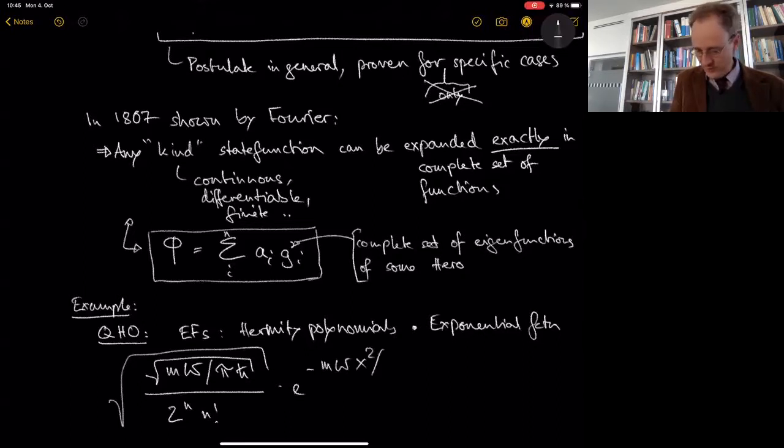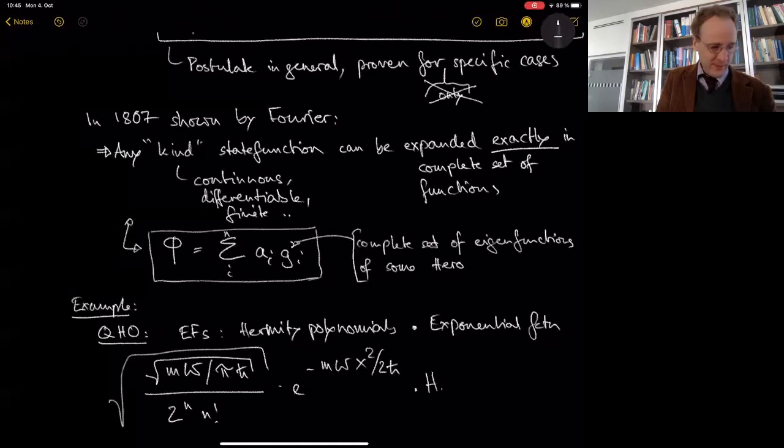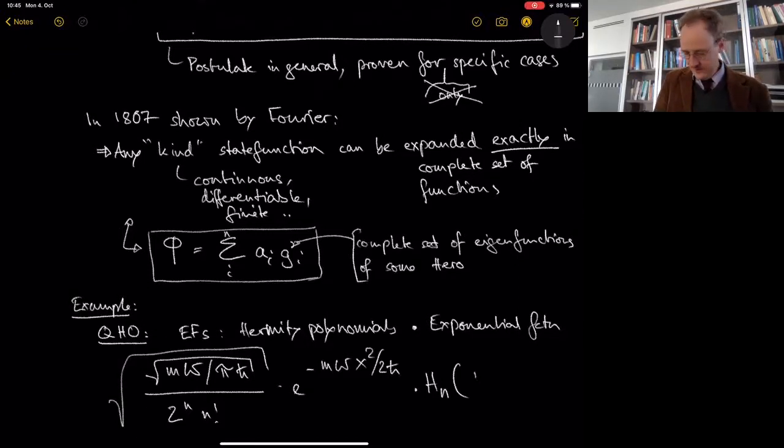That's your Gaussian exponential, which takes the form of a Gaussian, times this Hermite polynomial, which depends on n, right, the index for your function, which we associate then to the quantum number, right?